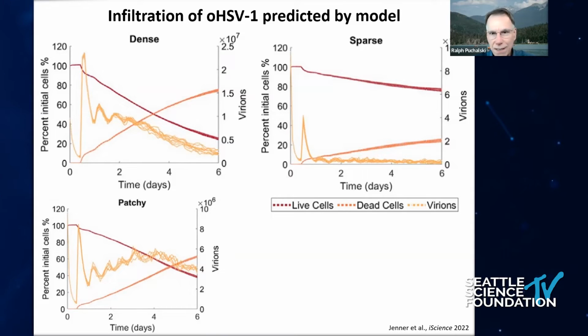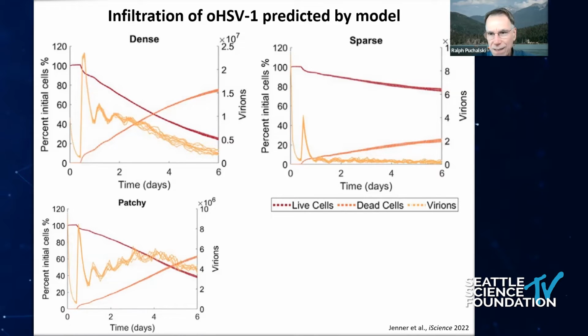And what we found was that in the dense sections, the live cells drop from about 100% down to 25% content, 25% being over here in the x-axis. And dead cells rise from around 0 to 80% content. And the number of virus particles drops from an initial lysis burst. You can see this up here, close to 2.5 times 10 to the 7th particles, down to less than 0.5 times 10 to the 7th, a big drop.